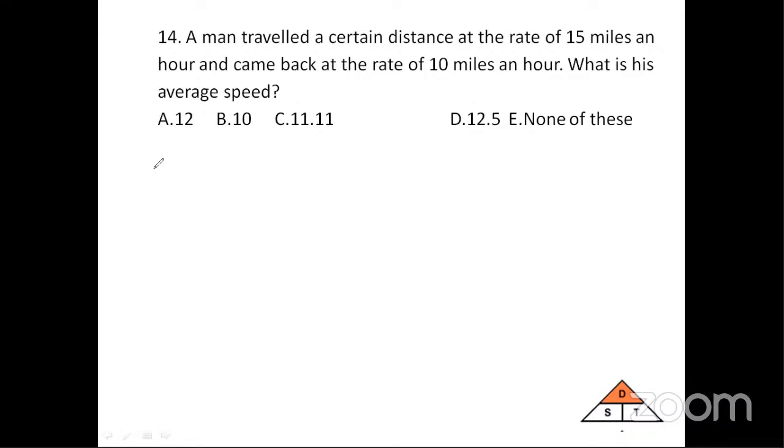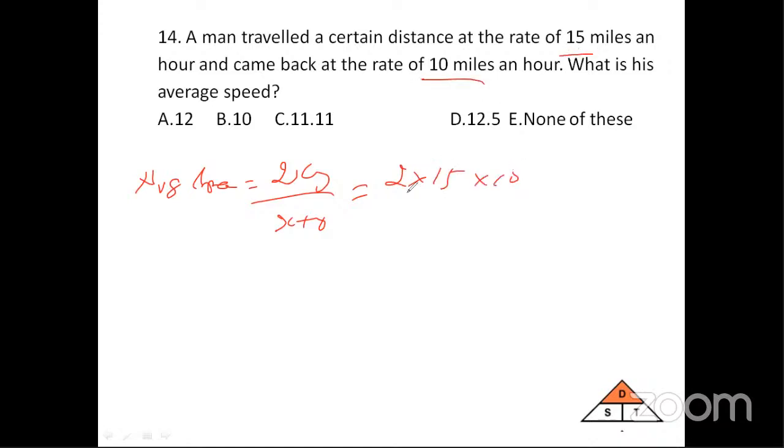We know average speed is equal to 2xy by x plus y. So what is x here? The first one is 15 miles, and y is 10 miles, so 2 into 15 into 10 divided by 15 plus 10. On the numerator we get 300, on the denominator we get 25.